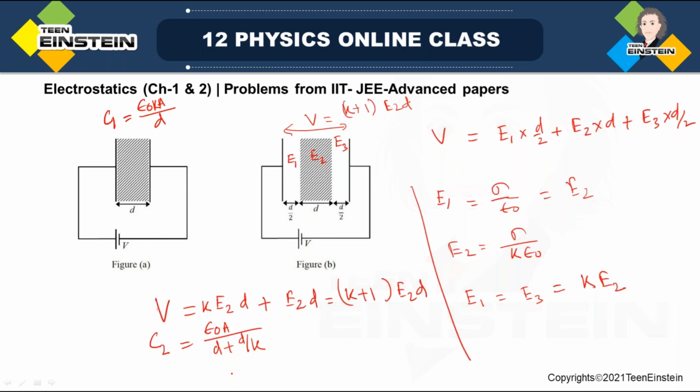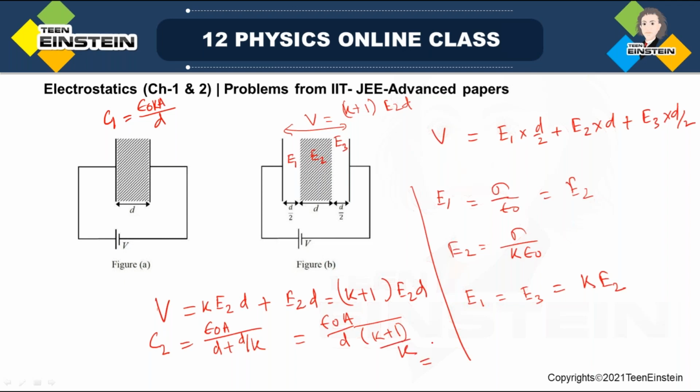So it is epsilon 0 A, if I take d common, then it is k plus 1 over k.